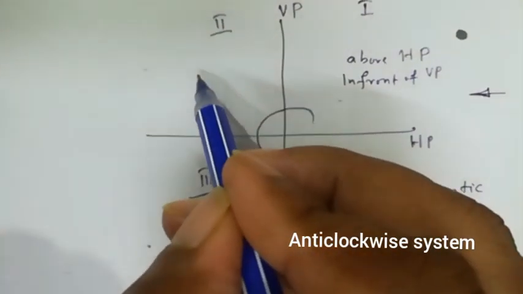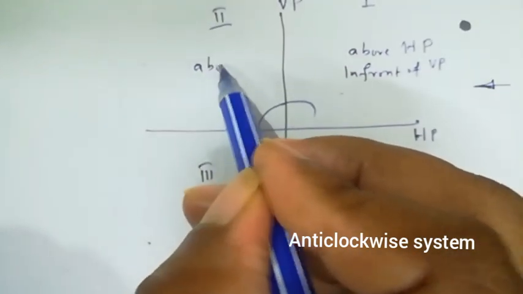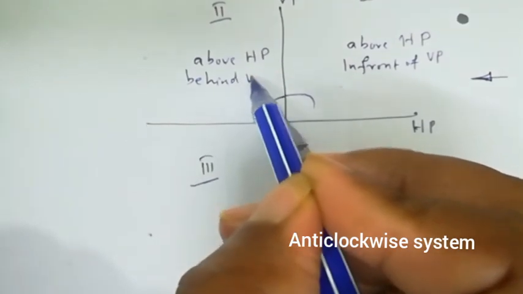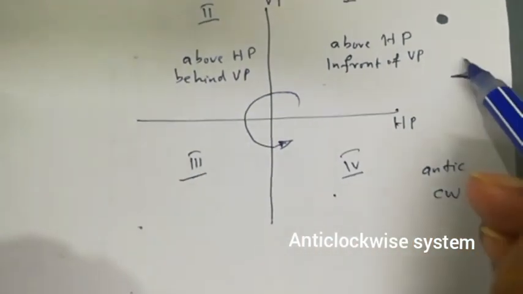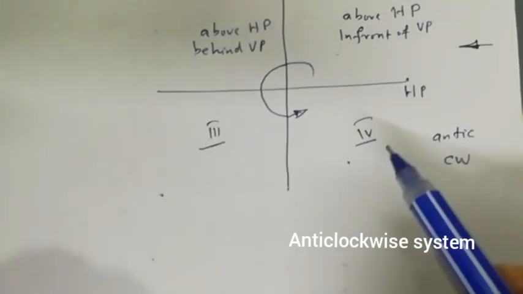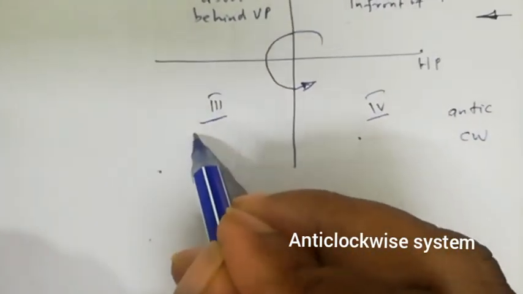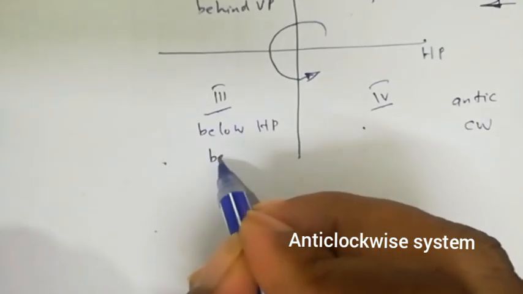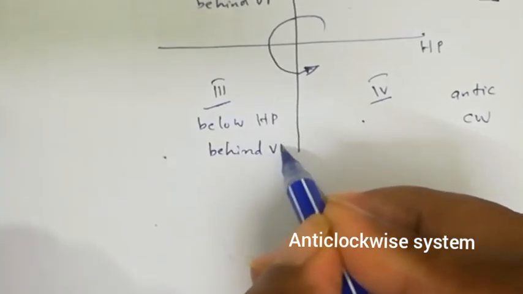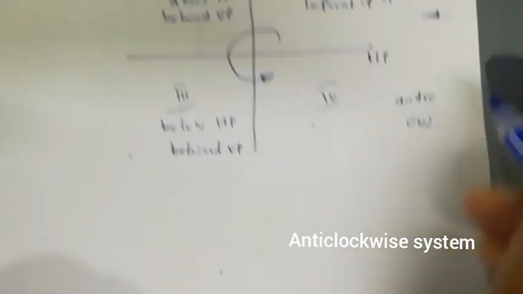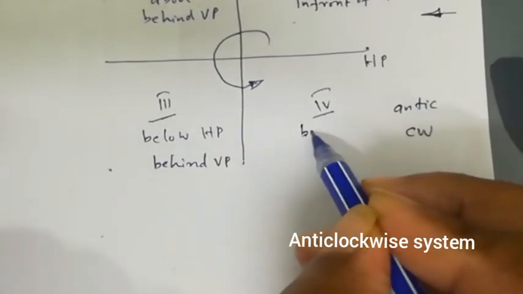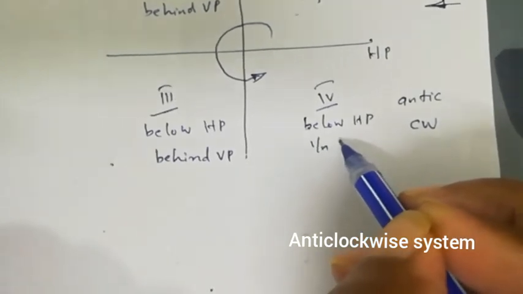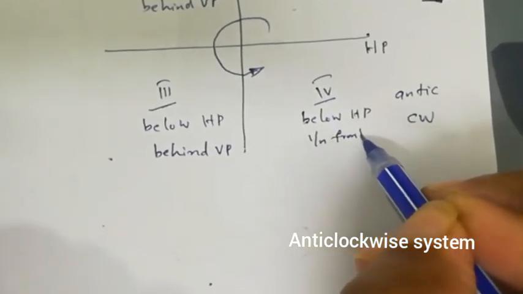Similarly, second quadrant is above HP, behind VP for a person looking from this side. And this is third quadrant, below HP, behind VP for a person looking from this direction. Now this is fourth quadrant, below HP, in front of VP.